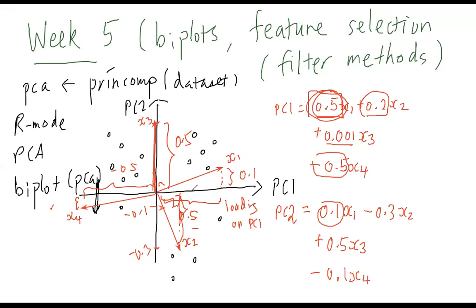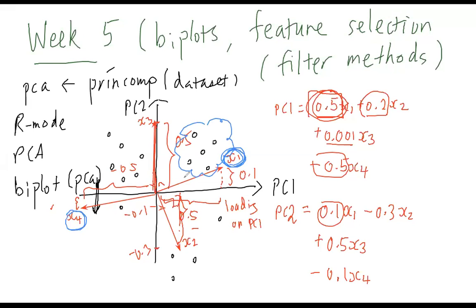This allows you to put the vectors on this space to help with the interpretation. Therefore, from this biplot, you can understand why certain data points cluster in certain positions. For example, the data points here are positioned here because they are relatively strong with respect to variable x1, and they are also here because they are relatively weak with respect to x4.